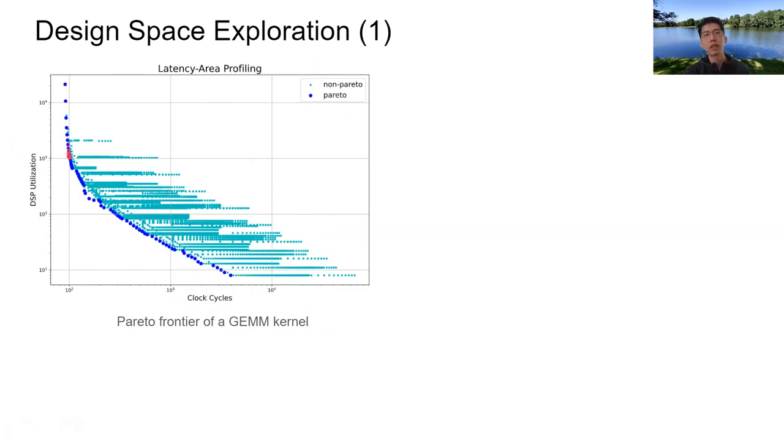You can observe the points annotated in deep blue are the Pareto points of the design space. And our goal of the DSE is to find those Pareto points in the design space. Once we have such a Pareto frontier, given a resource constraint, we can find the optimal design point that can be provided.